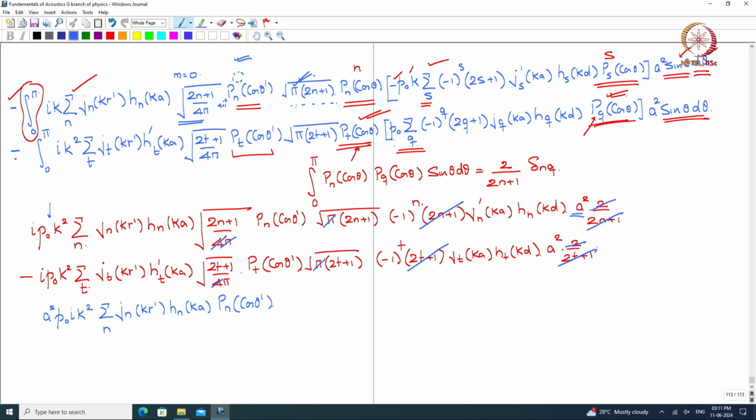So this 2 gives me a 2n plus 1. I will save it for later. I get a minus 1 to the power n from here. Then jn dash of ka, hn of kd, a square is in front, 2n plus 1.